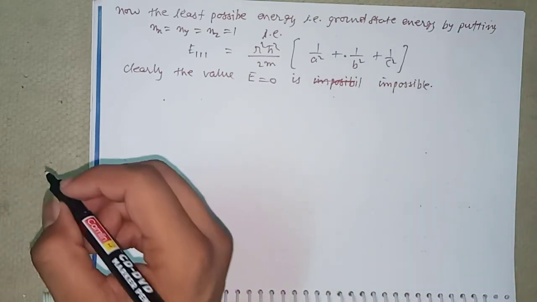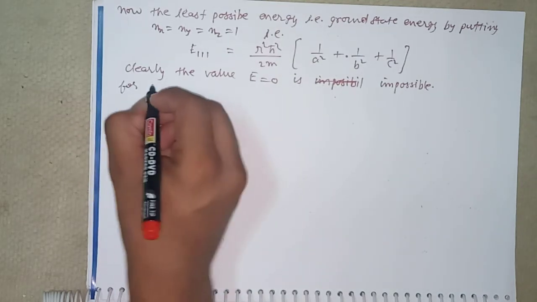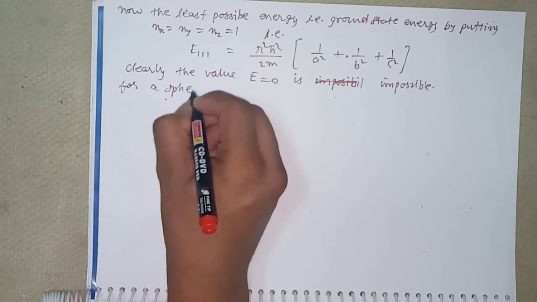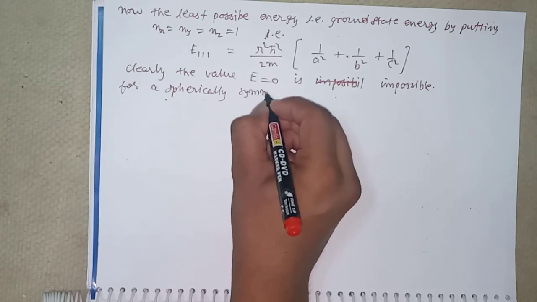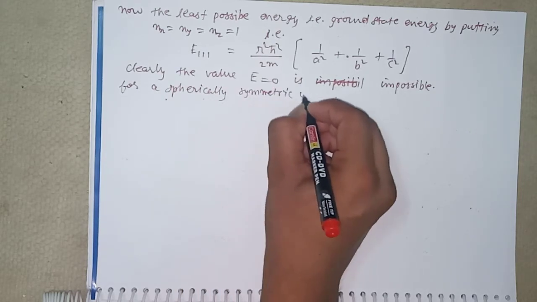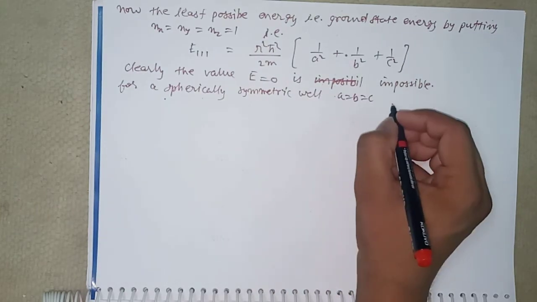For a spherically symmetric well, a is equal to b is equal to c.